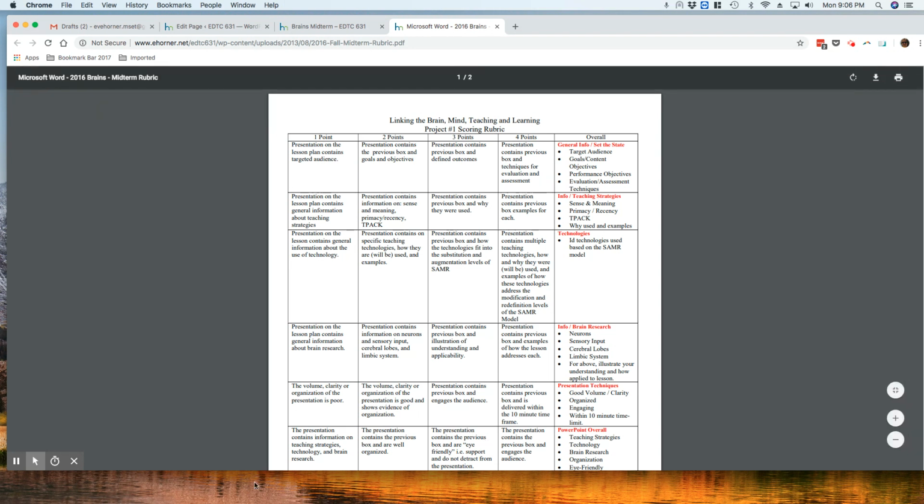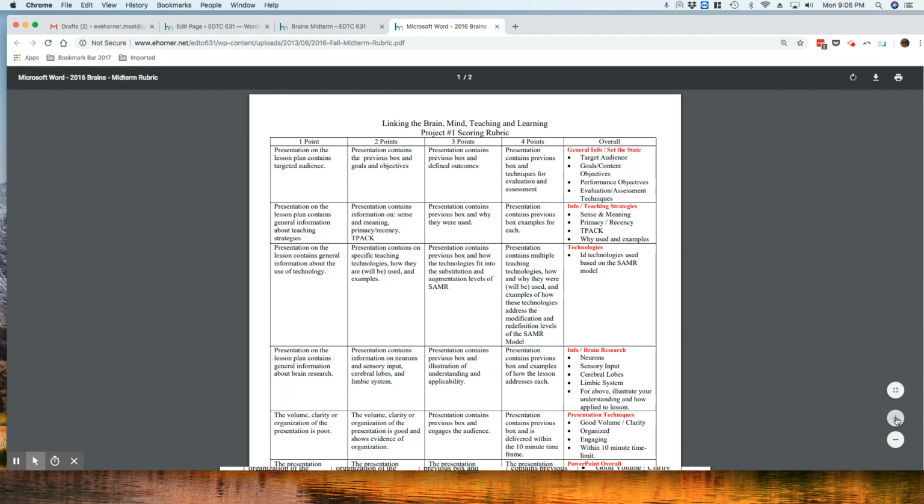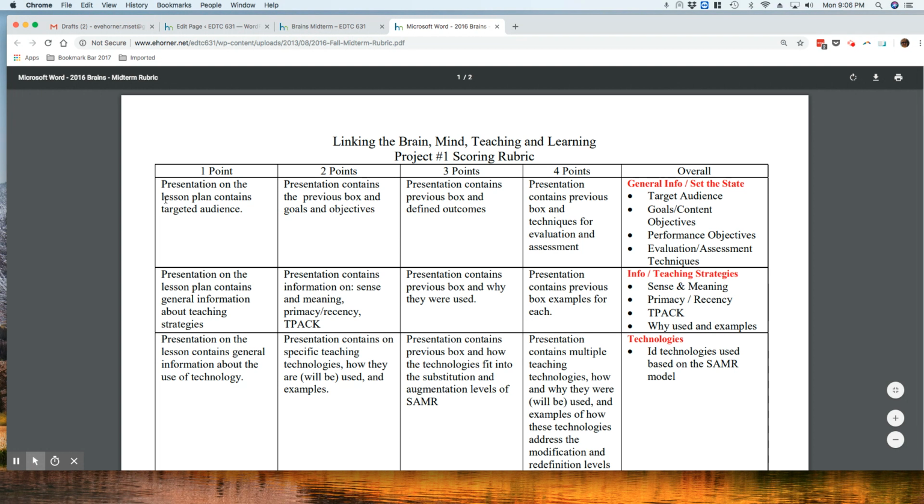And I'm going to actually zoom in a little bit more so you can see it more clearly. If you present in your midterm the lesson plan and you identify the target audience, you would get 1 point. If in your midterm you present the 1 point, which is the lesson plan, target audience, and the goals and objectives, you would get 2 points.